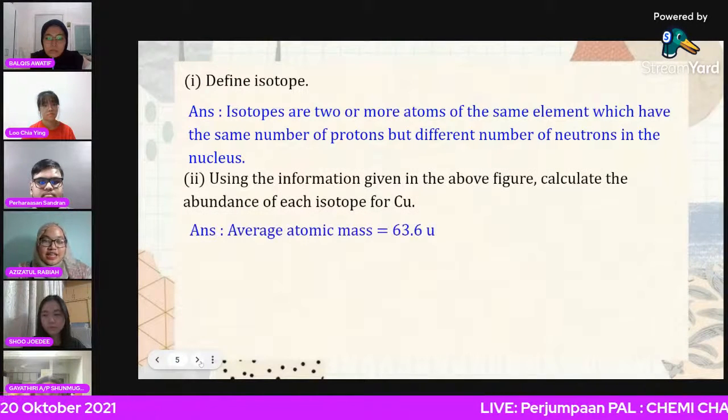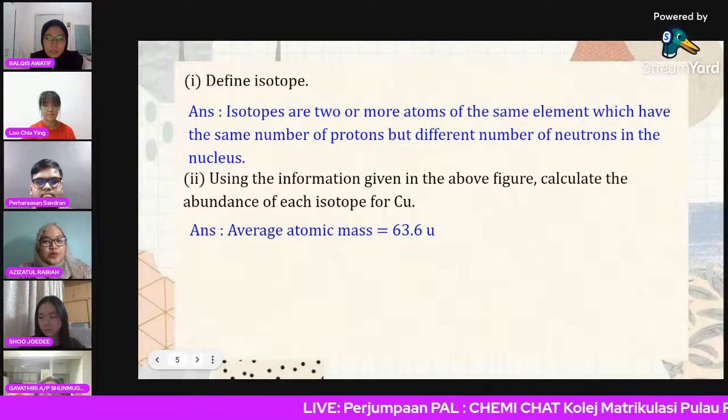Next, using the information given in the above figure, calculate the abundance of each isotope for copper.